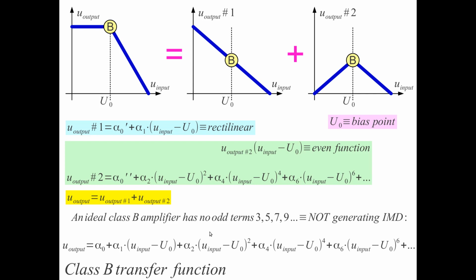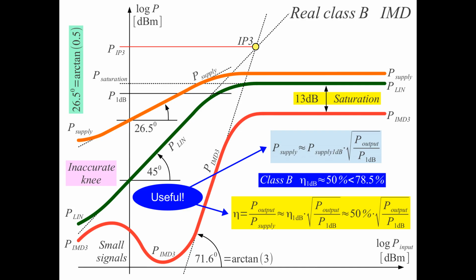Let's now see the other important point for class B operation, and that's its efficiency. So the real class B, if we decrease the amplitude of the sine of a periodic driving signal, also the power requested from the supply decreases.